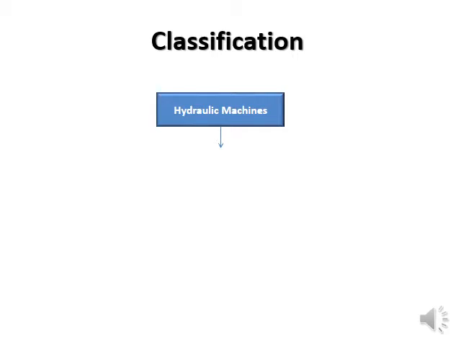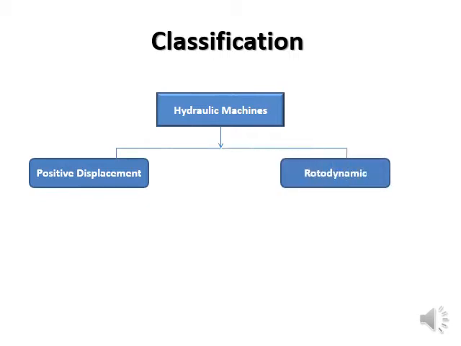Now, this slide shows the classification of hydraulic machines. So hydraulic machines are broadly classified into two types. One is called positive displacement type hydraulic machines. The other is called rotodynamic type hydraulic machines.